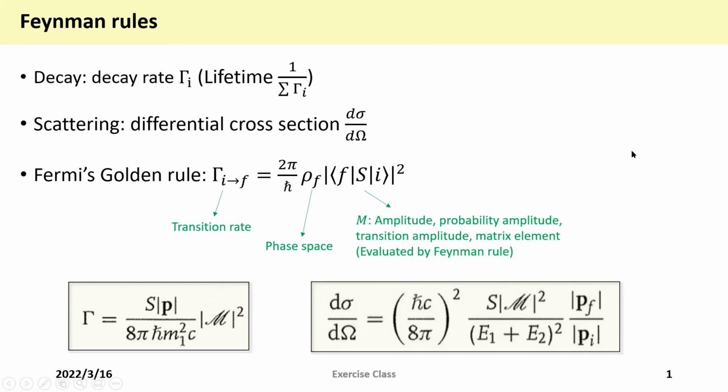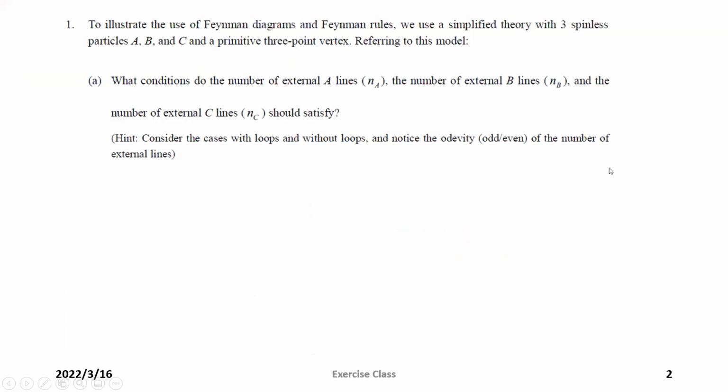So let's go to the exercise questions. In this question, we use a simplified theory with 3 particles, A, B, C. So it is like this. And later in the course, we will consider the true Feynman diagrams, which you learned how to draw previously.